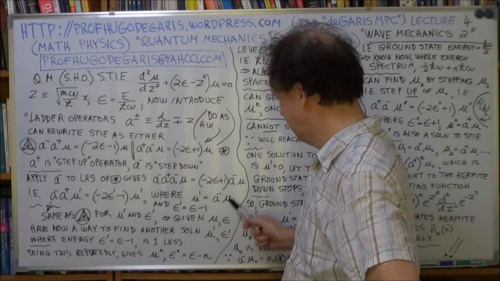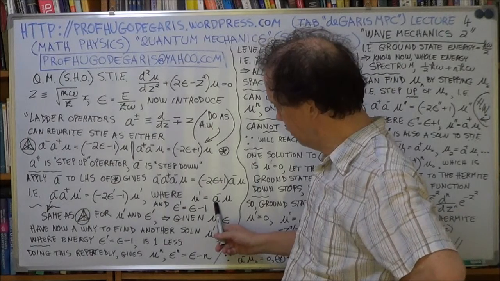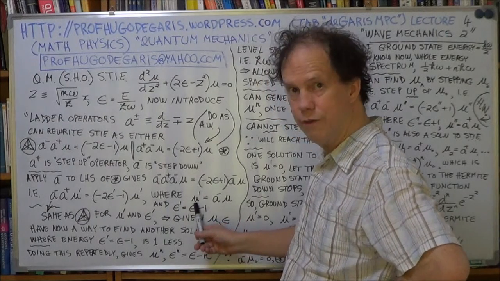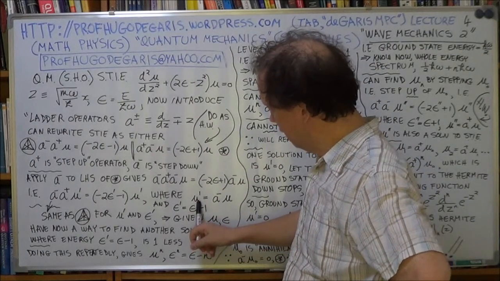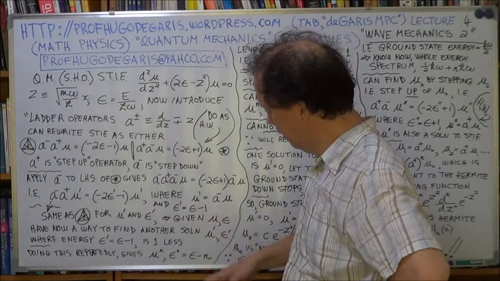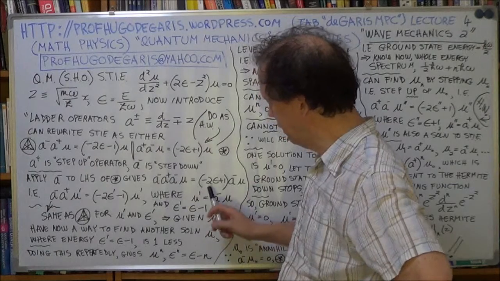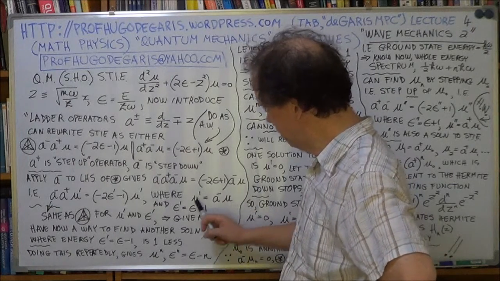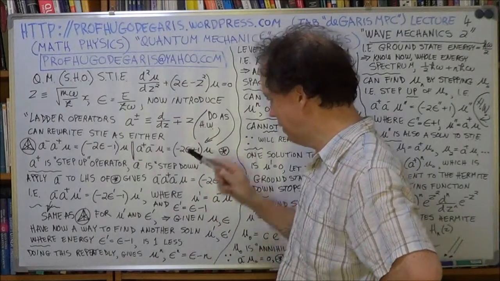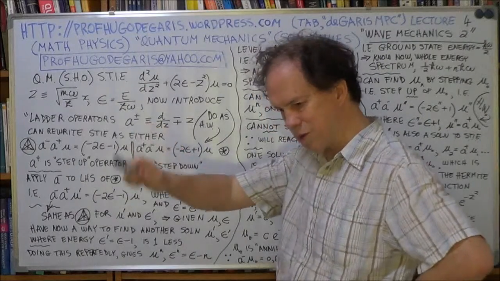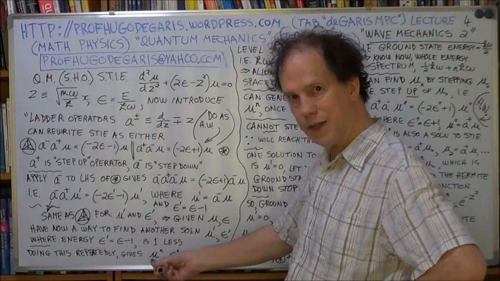If you start with a u, you step down with this operator, you get a new solution, a new wave function, a new eigenstate. U dashed. And if you want to get another one, you just apply a minus to u dashed, so you get u double dashed, and so on. So you can just keep going down, down, down. The energy keeps going down, and you keep getting these new eigenstates.